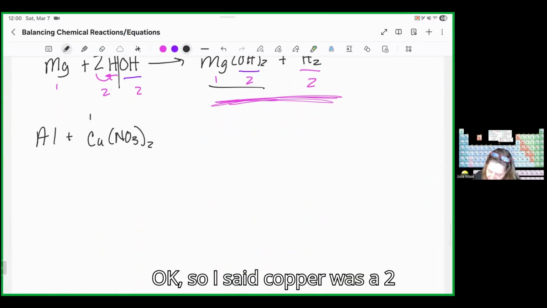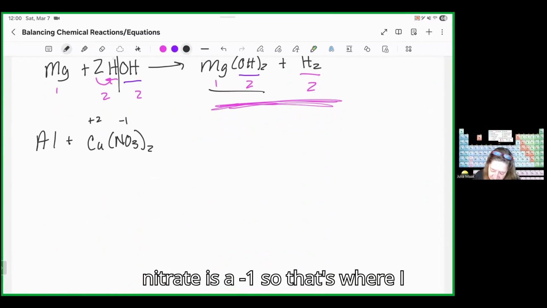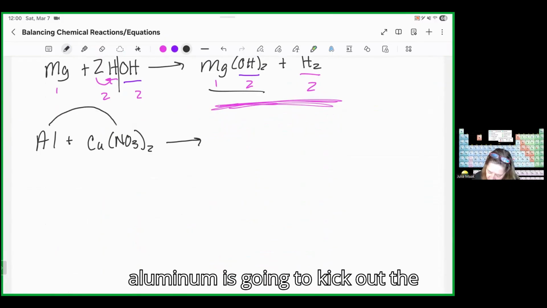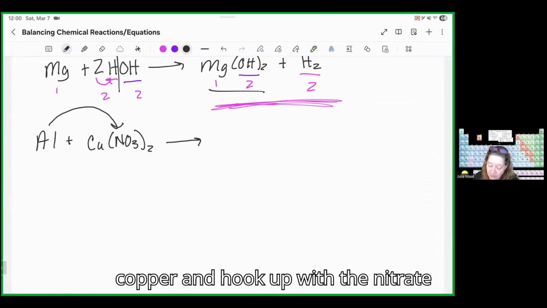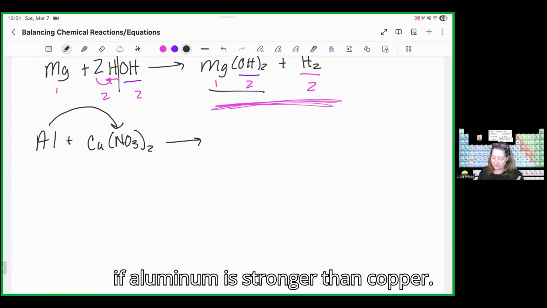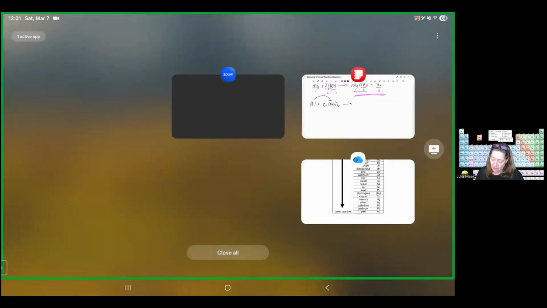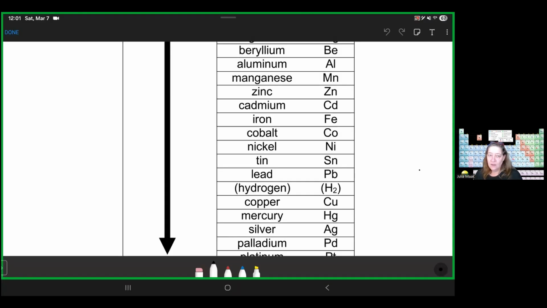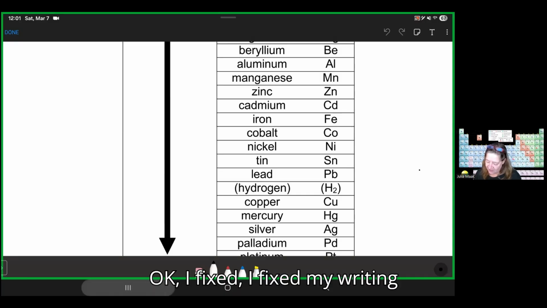Okay, so I said copper was a 2, nitrate's a -1, so that's where I got that formula. Now my aluminum is going to kick out the copper and hook up with the nitrate if aluminum's stronger than copper. Okay, I fixed my writing thing.